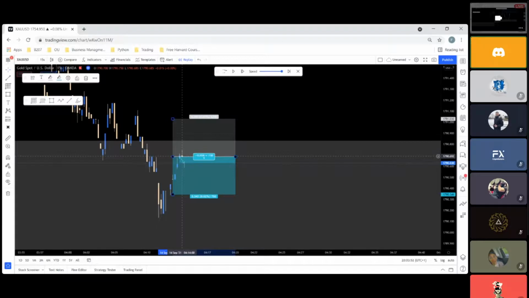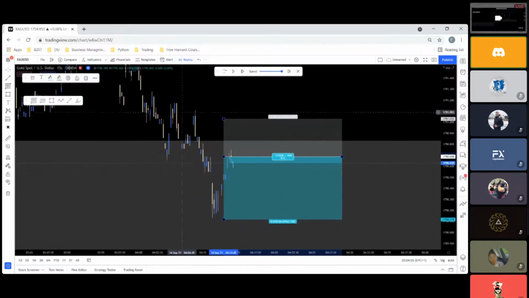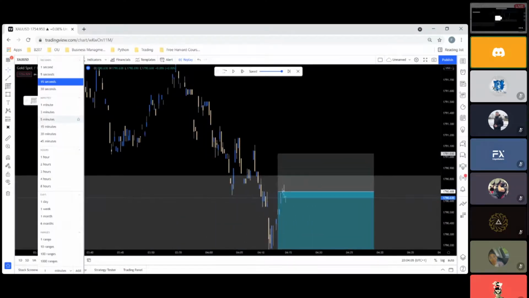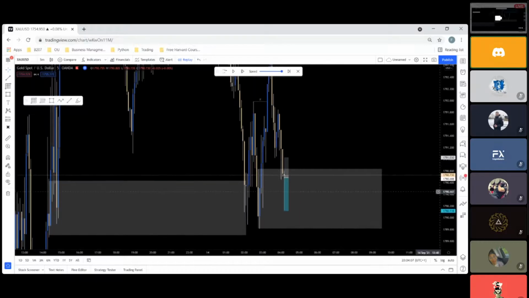So I'd very much rather just say, right, if it's whipped it out, I'm going to class it as a break of structure. So let's see what we can achieve. I'd be eyeing up that area I just spoke about a minute ago.